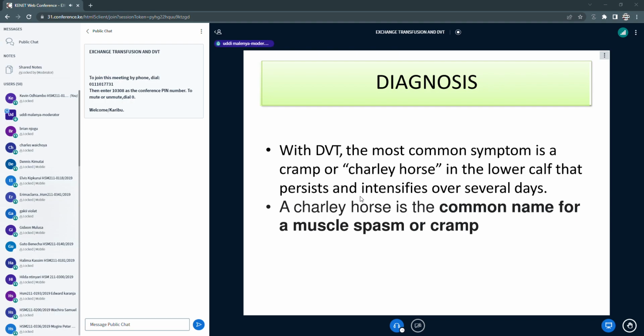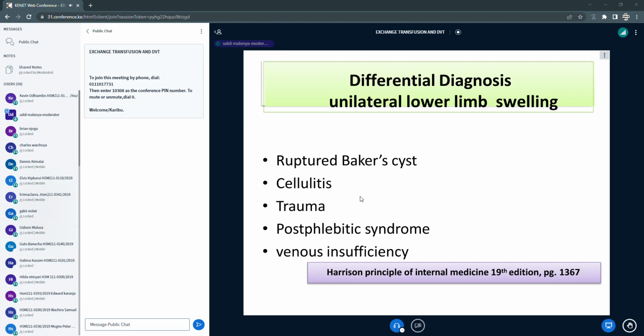Diagnosis of DVT: history and physical examination. Of course, the patient will come with pain, characteristic of a cramp or Charlie horse pain in the lower calf. Then you have the differential diagnosis of DVT, or unilateral lower limb swelling.